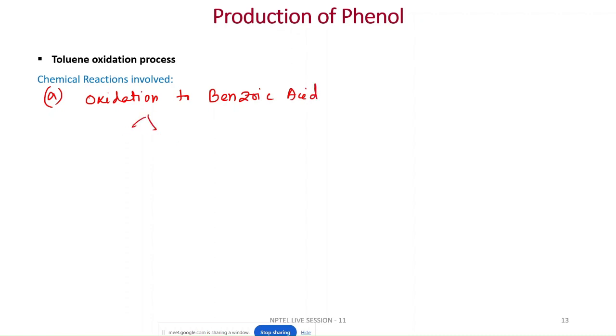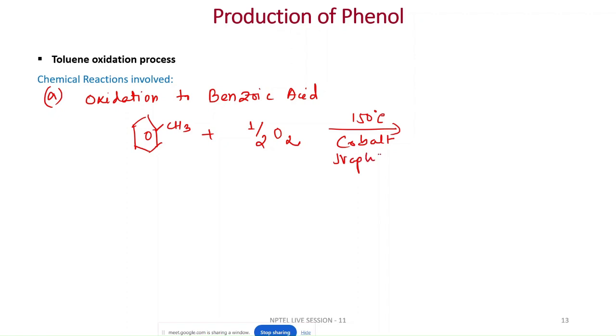So we get toluene, we do the oxidation at 150 degrees Celsius in the presence of cobalt naphthenate, and we get benzoic acid.